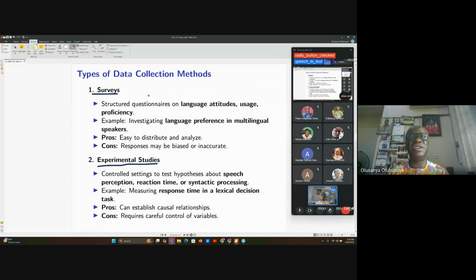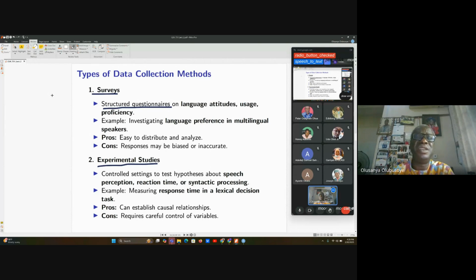If it's a survey, then you might need a structured questionnaire. A structured questionnaire, for instance, has a pre-specified list of questions and possibly options for the respondents to choose from.